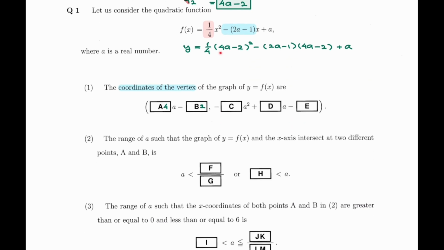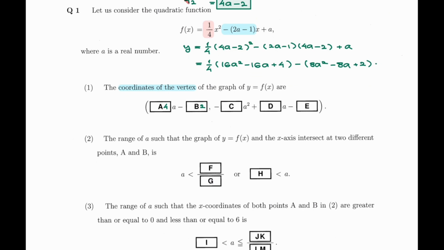First of all, I will expand this expression. So I will get 1 over 4 times (16a squared, 2 times 4a times negative 2, you will get negative 16a, plus 4). And then expand this second term, minus open bracket 8a squared minus 4a minus 4a, of course you will get minus 8a, and then plus 2.